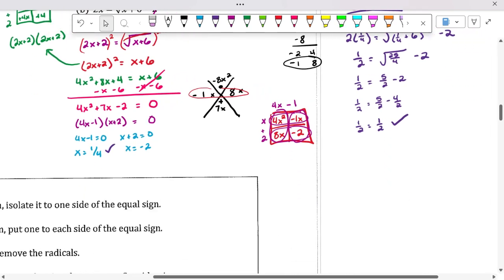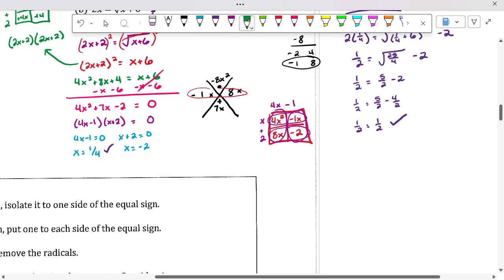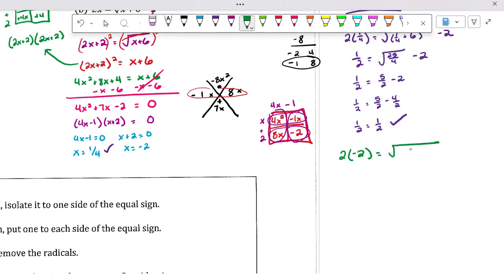Let's check x equals negative 2. And again, guys, it could be as easy as just putting it into your calculator really quickly. So for x equals negative 2, we know that 2 times negative 2 is what? Negative 4. So I'm going to put this side in my calculator really quick.